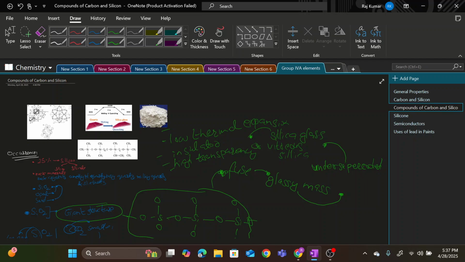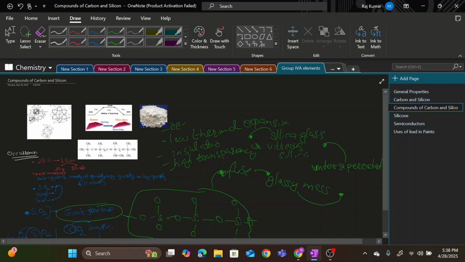it is very refractory, which means it does not soften until 1500 to 1600 centigrade.